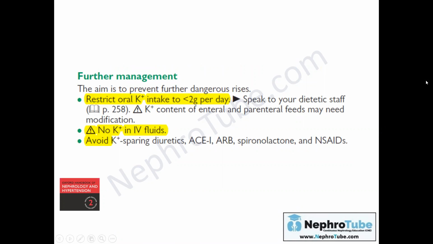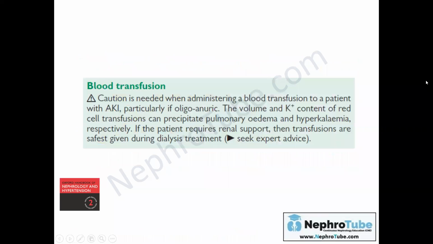And sure, we will try to decrease the potassium intake of the patient, whether through the diet or through the fluids, and avoid drugs that may cause hyperkalemia. One important point, especially for our end-stage renal disease patient, is blood transfusion. Blood transfusion is one of the factors that may cause hyperkalemia, as the stored blood contains a high level of potassium, maybe due to the end of lifespan of some RBCs, which will be destroyed, causing hyperkalemia of the transfused blood.